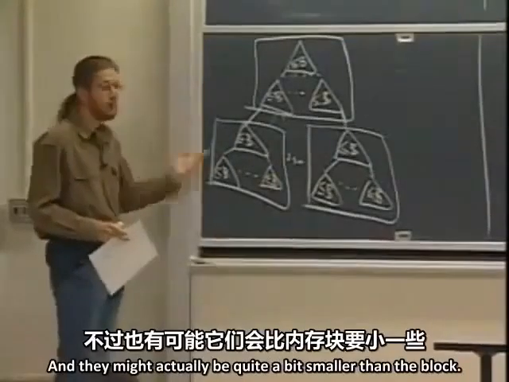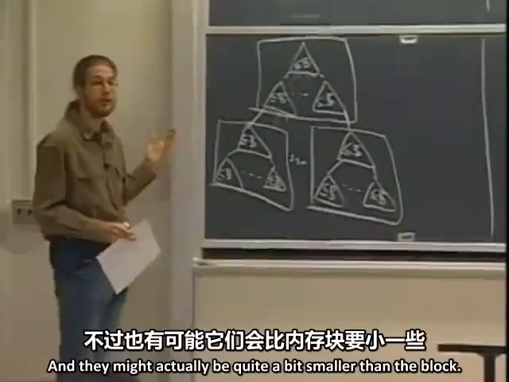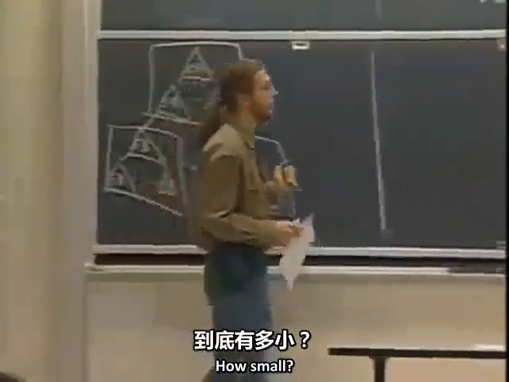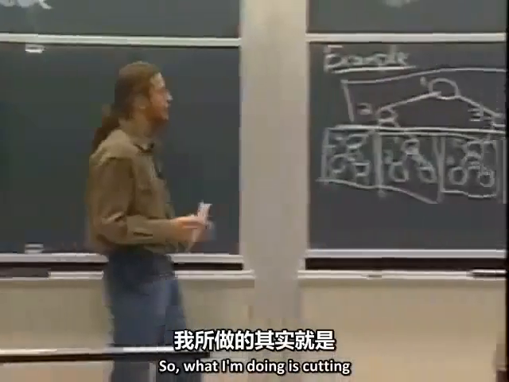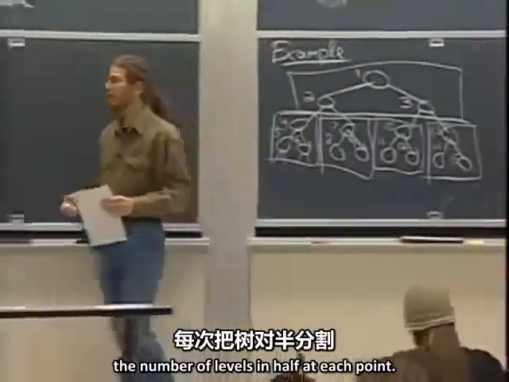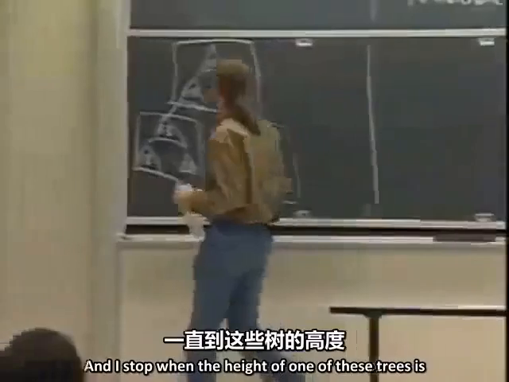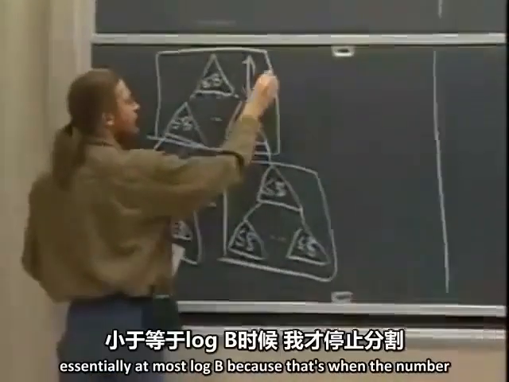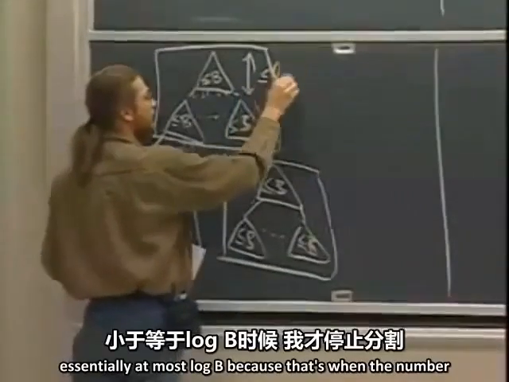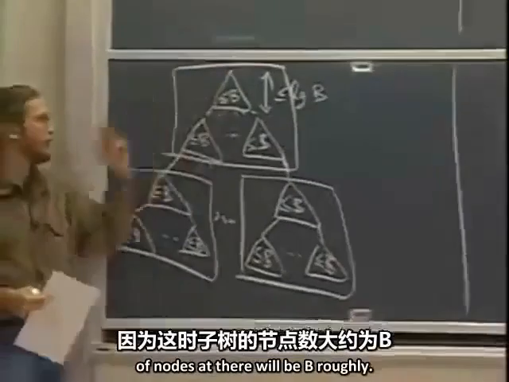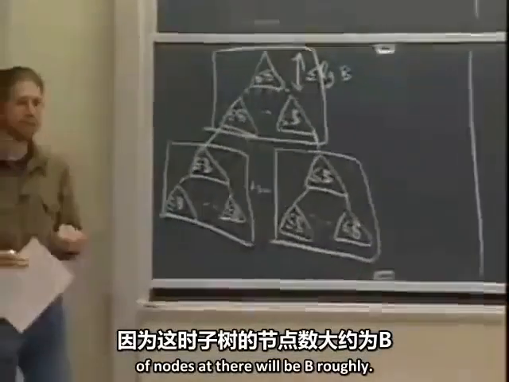Now, they might actually be quite a bit smaller than a block. How small? So what I'm doing is cutting the number of levels in half at each point. And I stop when the height of one of these trees is essentially at most log b. Okay, because that's when the number of nodes in there will be b, roughly.